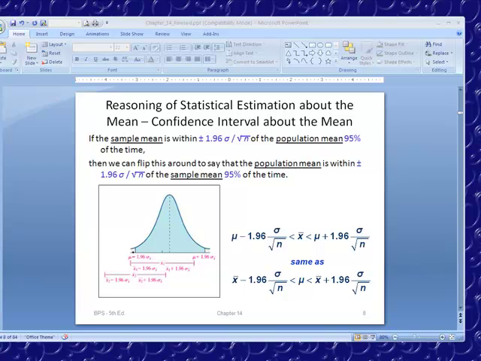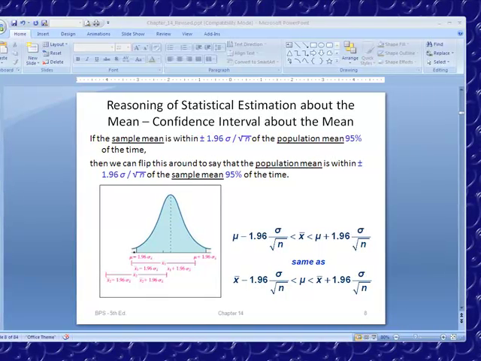So we'll have an actual interval, and we'll have a certain confidence that we captured the mean. In this case, we're talking about 95% confidence. And what that confidence means is that if I do samples of size n over and over and over again, 95% of them would truly capture the true population mean.